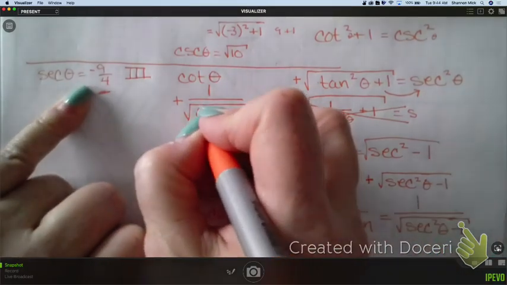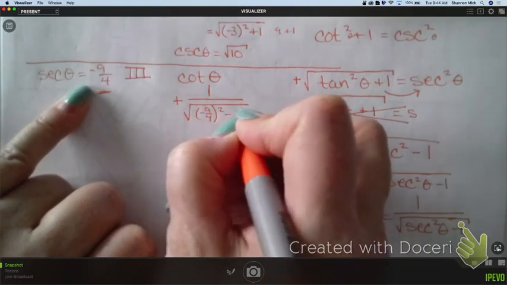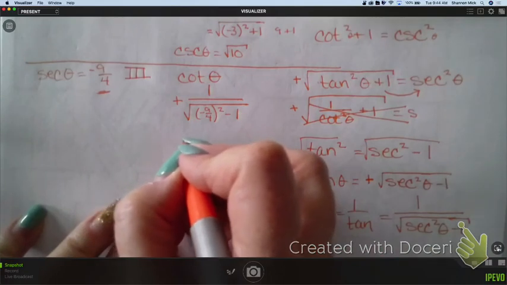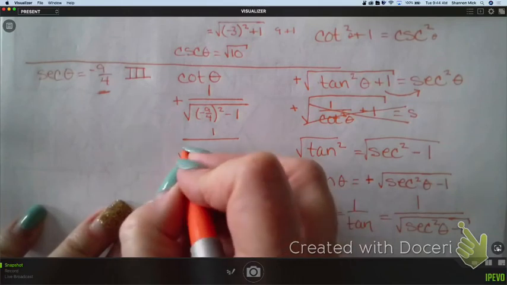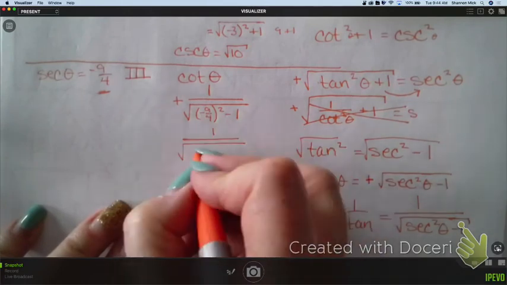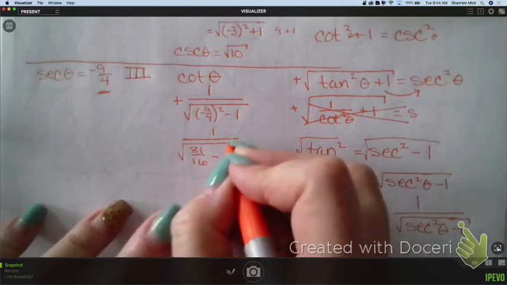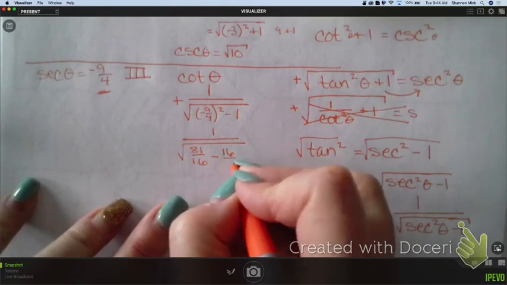So negative 9/4 squared minus 1. Okay, so then we have, and this is going to be 81/16. And minus 1 with common denominators is going to be 81/16 minus 16/16.